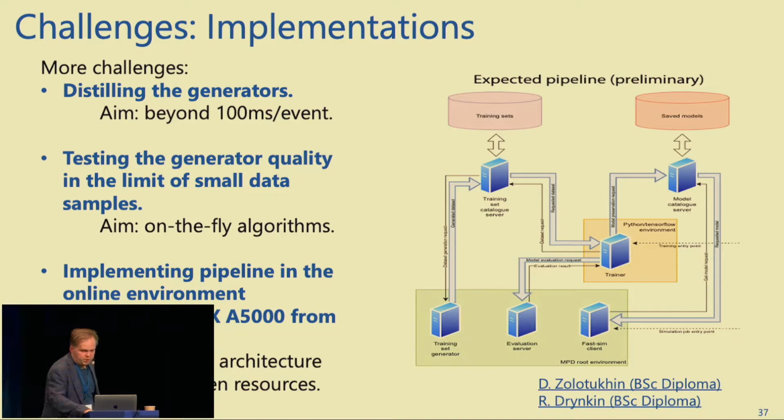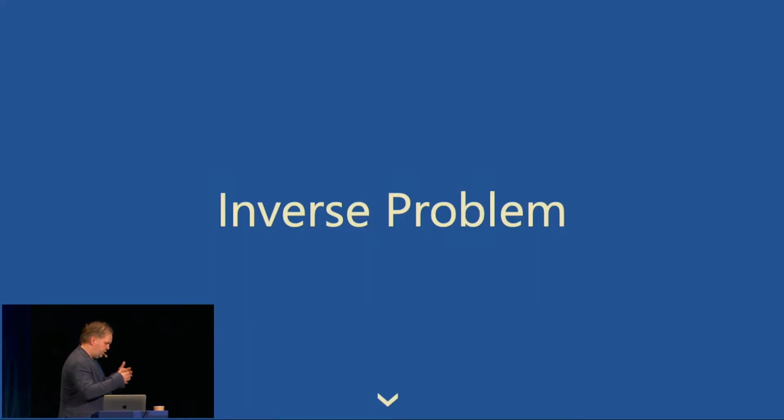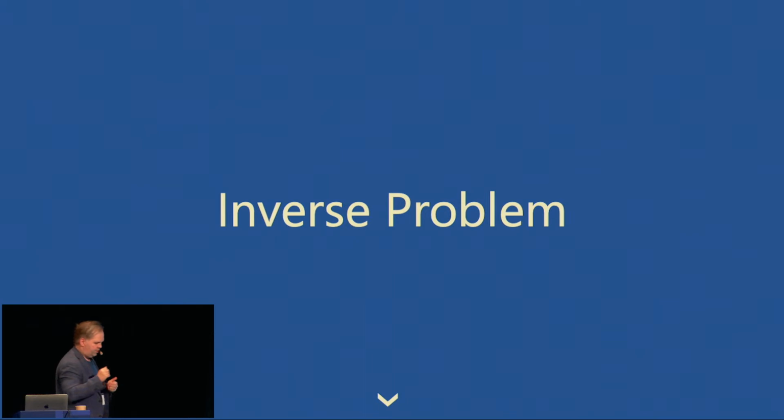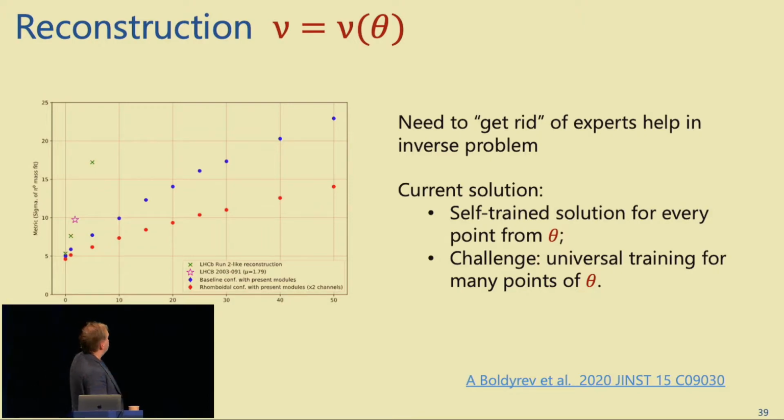For the inverse problem it is a bit easier. The inverse problem is based on the detector response and creates a measurement of the physics properties of the particle. I will not go into details, it is evident that we are able to train neural networks to reconstruct the incident particle properties.